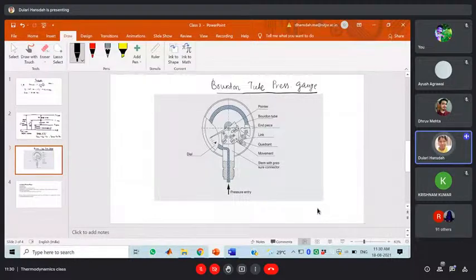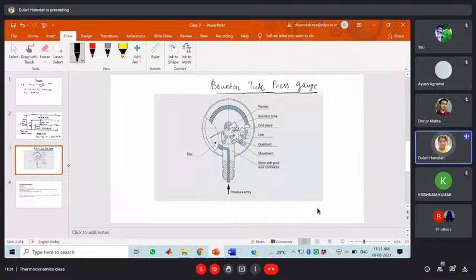Here you can see that it is connected to the streamline or fluid whose pressure we have to measure. It is in the form of a bent tube, with a hollow inside. What will happen when it comes in contact with the fluid? The pressure will be exerted inside the tube, and there will be a deflection due to the pressure.